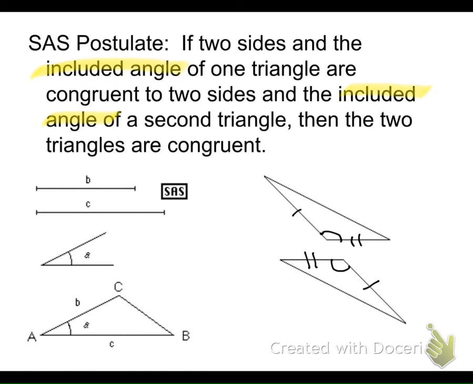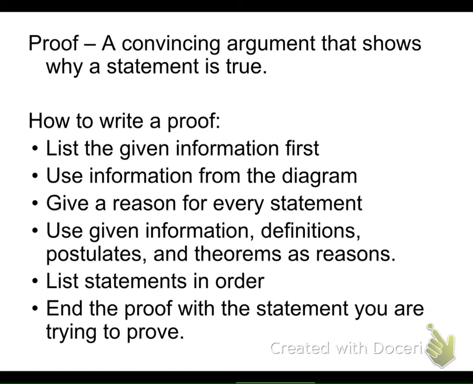So you see we have 2 sides that are congruent, 2 sides that are congruent. The angle in between them is congruent with the one in the other triangle. That's what we consider to be that included angle. If that happens in one triangle with another, then both triangles are congruent.